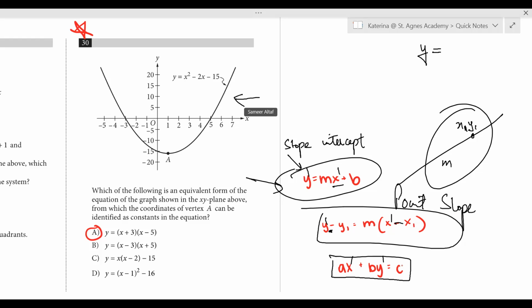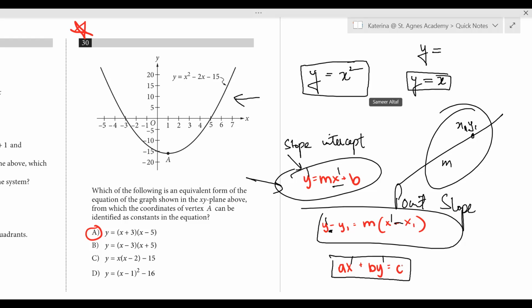So the simplest parabola in this world is y equals x squared. For example, the simplest line containing a slope is y equals x, but the simplest parabola is y equals x squared. When you'll be graphing it, you'll be getting a parabola.